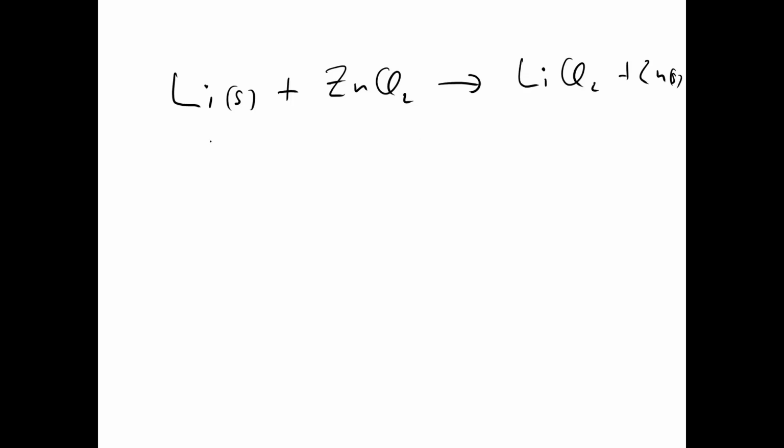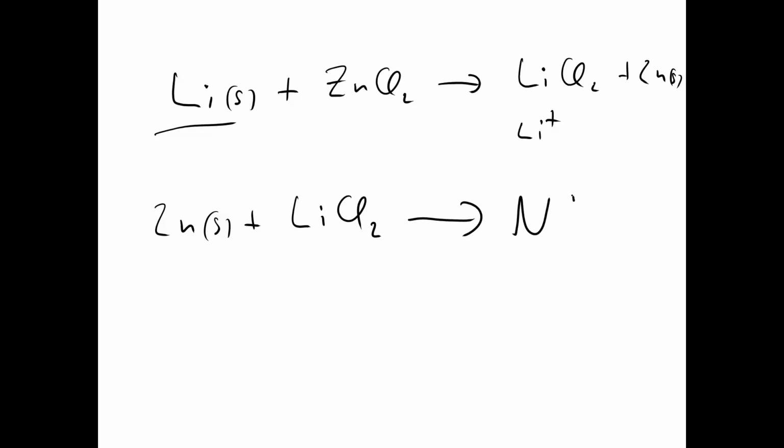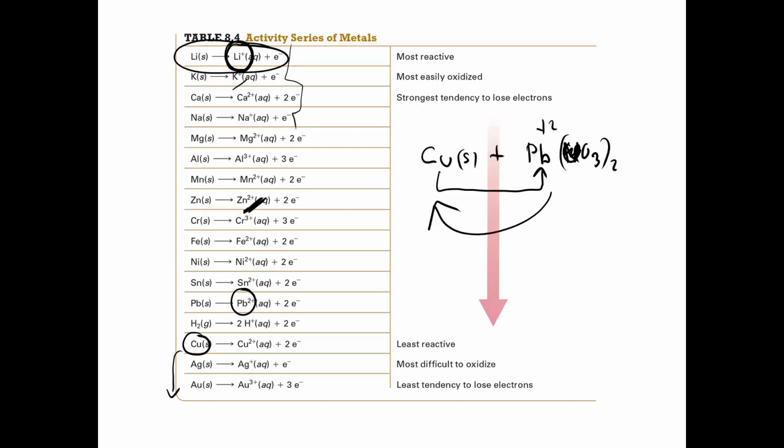That's going to happen because lithium prefers to be Li+. But if you had zinc and you reacted it with lithium chloride, nothing would happen here. No reaction, because lithium is higher in the activity series. Lithium is already oxidized.